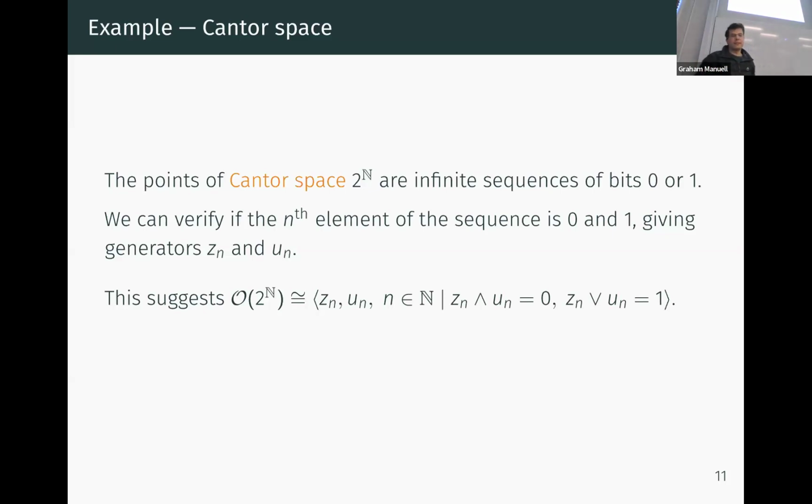But if you now work out what the points of these are, you can see that the points are going to be these infinite sequences of zeros and ones, right? Because you need to take Zn for every n. You're going to need to say, does that hold or does that not hold? And Un, and that's going to tell you whether the nth bit is either 0 or 1.